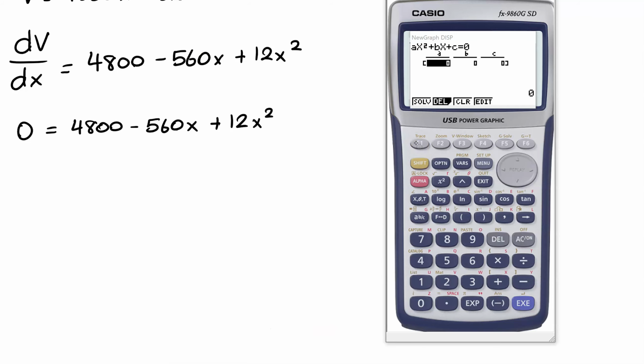Cool. So go into our polynomial equation, polynomial degree 2, and we substitute our values. For x squared, the a value is 12, negative 560, and positive 4,800. Now we get two values. We got 35.35, and 11.31. So I'll write these down over here.